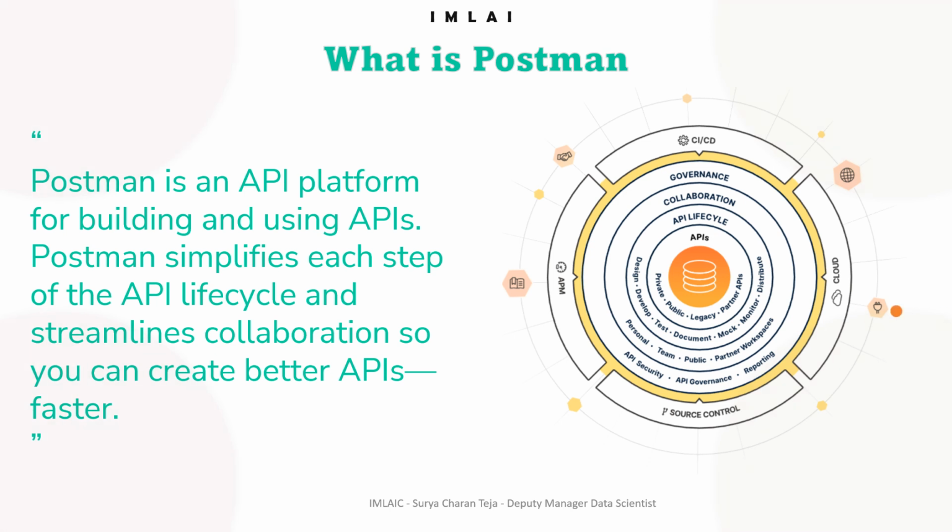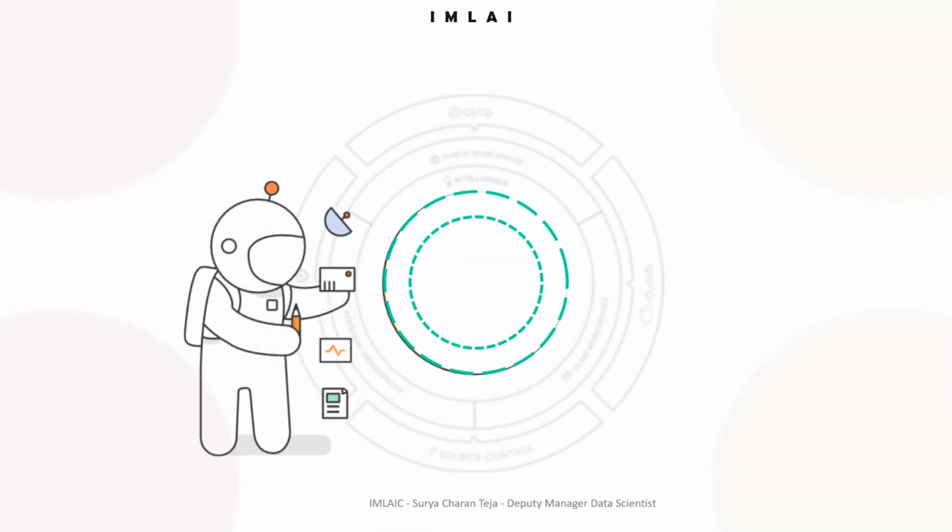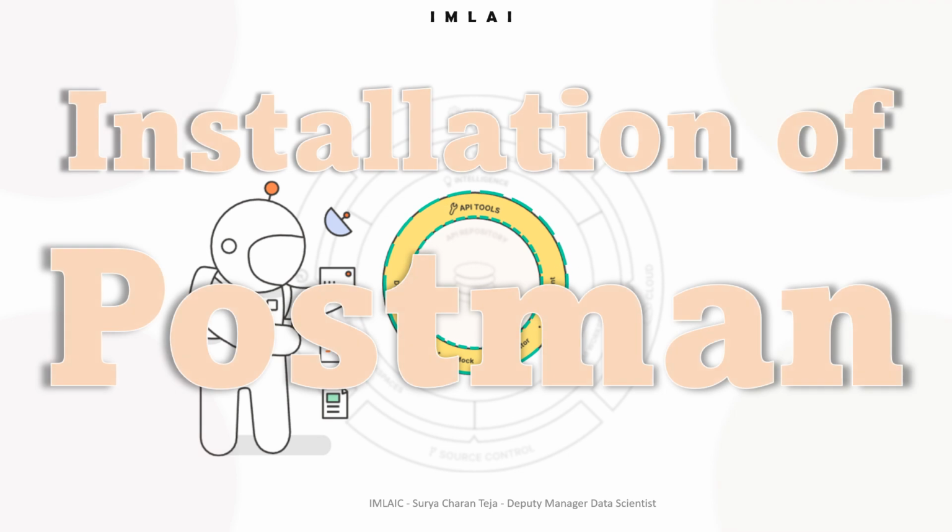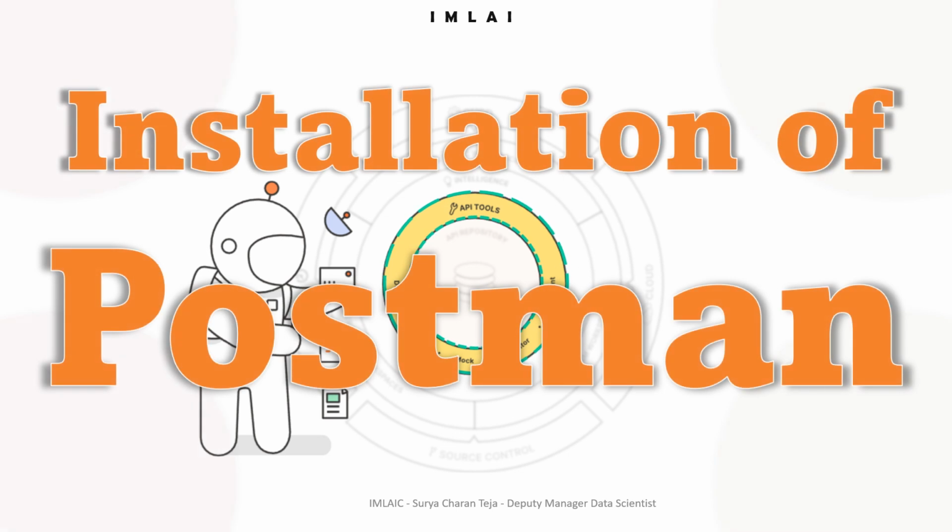Next, we are gonna look into the installation of Postman. Postman is available at go.postman.co/home. You can find all the binary files for Mac, Windows, and Linux at that location.